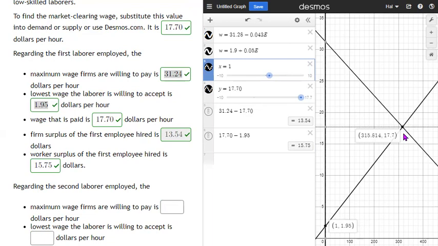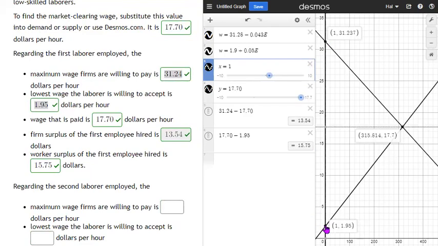Demand and supply of products. The supply and demand for labor is different because we're talking about people, and people are infinitely different, right? The person with a reservation wage of $17.70 is going to be the marginal worker, but the most desired employee, perhaps, right?